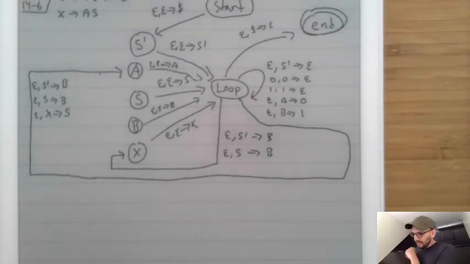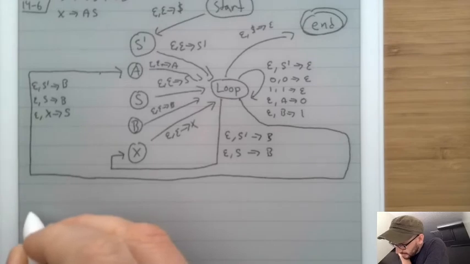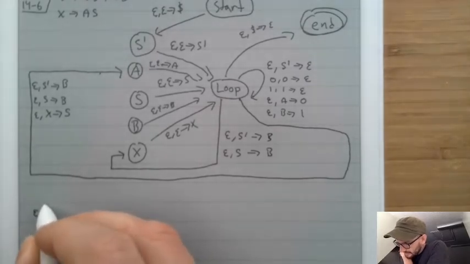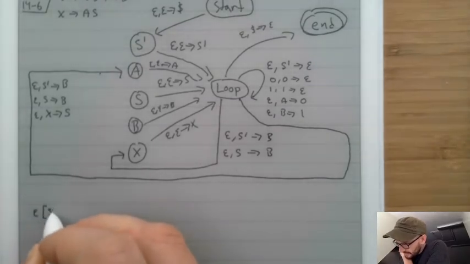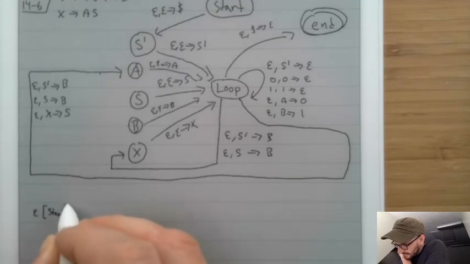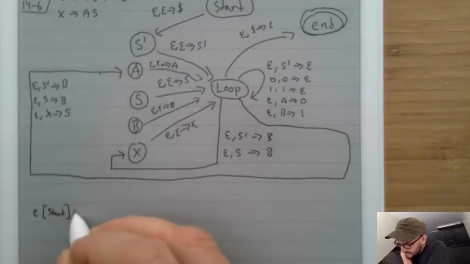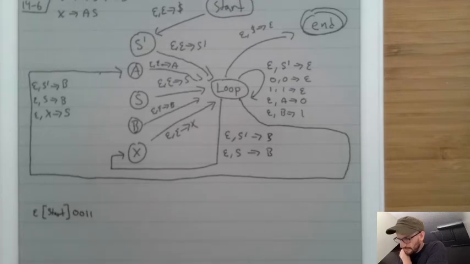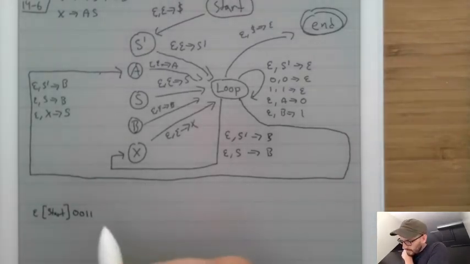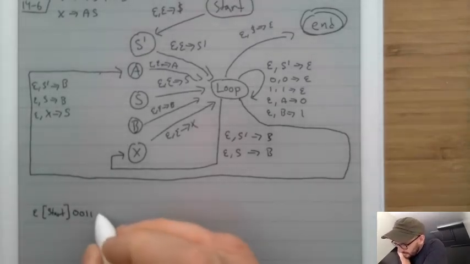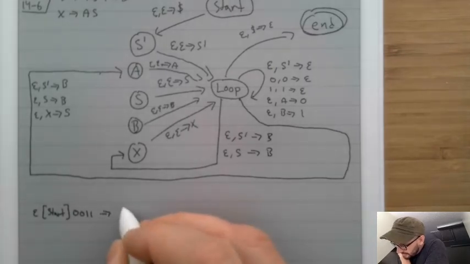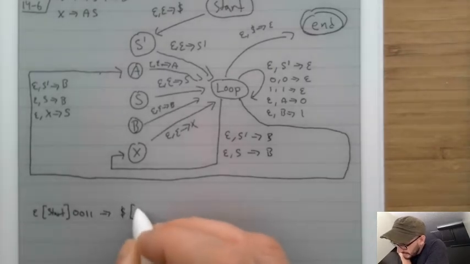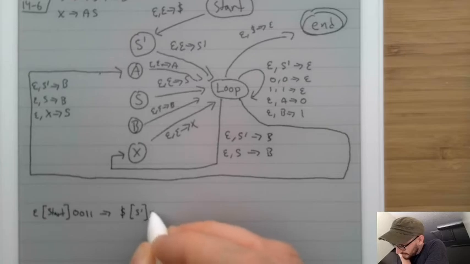So imagine that we start with epsilon on the stack, and then we're in the start state. And let's suppose that our input is 0, 0, 1, 1. Well, the first thing that we do is we push on a $, and we go to the S prime state. And we have 0, 0, 1, 1.